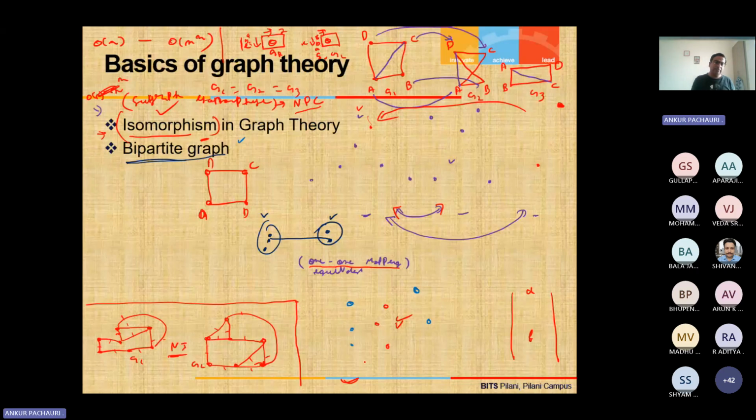A particular disease can be caused, so there can be a causing edge or a curing edge. A certain kind of element may be responsible for a certain kind of cancer. If that chemical is in your body, it may give rise to that cancer. So it can be an edge of causing, and it can be an edge of curing as well. A certain kind of salt is used to cure a certain kind of disease. So this can be the element and the disease.